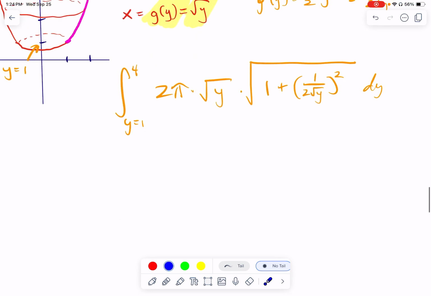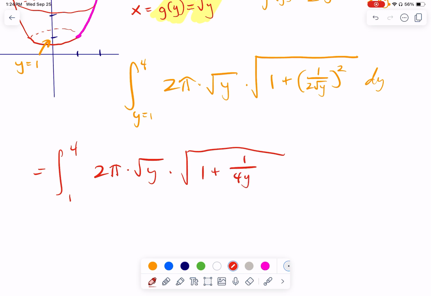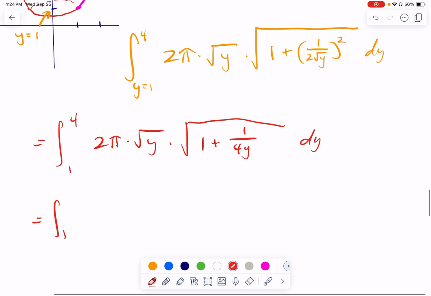Now let's clean this up and see if we can actually do it. So I have 2 pi times the square root of y times the square root of 1 plus, if I multiply this out, I have 1 over 4y in the bottom. I have 2 square roots, so let's combine them.